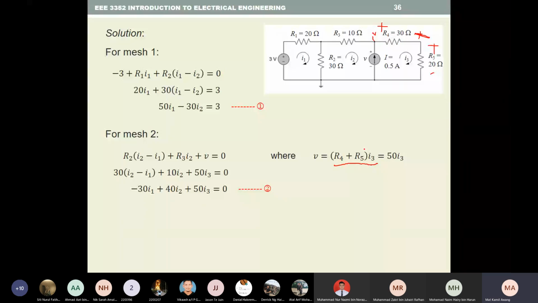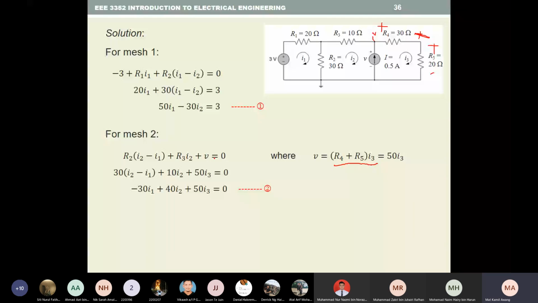It's actually I3 times R4. What is the voltage across R5? It's actually R5 times I3. So V is actually (R4 plus R5) times I3, equal to 30 plus 20 is 50. So 50 I3. So you substitute this V with this.